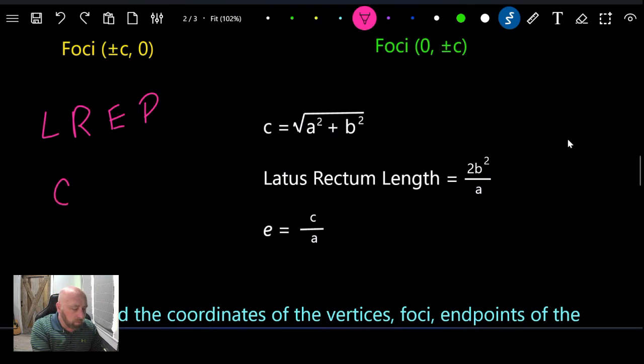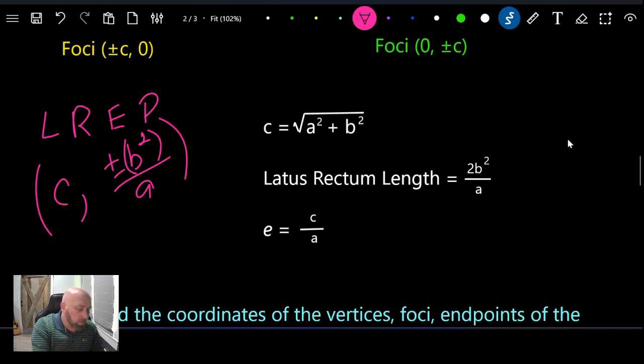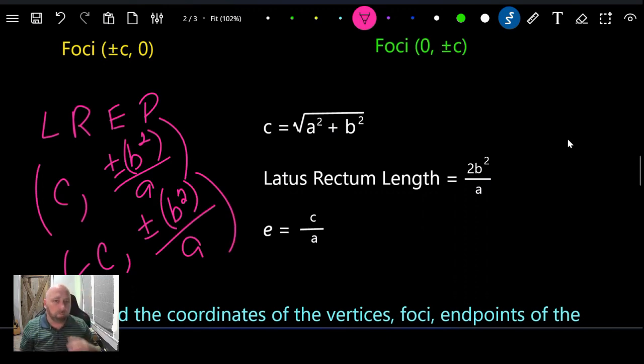So for the first one, you'd have c, comma, plus minus b squared, and we would need to put that in parentheses so that the plus minus would still apply, over a. So that's one of them. And then your other one would be minus c with the same thing, plus minus b squared in parentheses over a. Those would be your 4 points for your latus rectum.